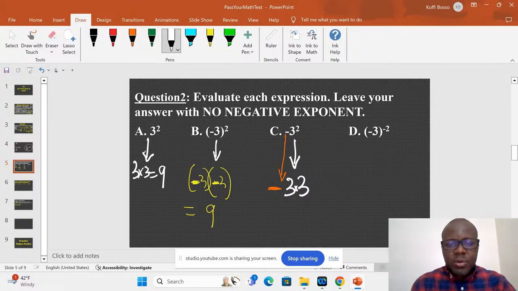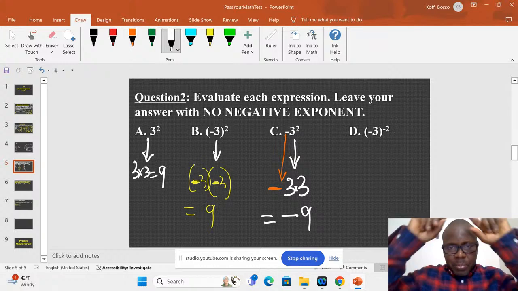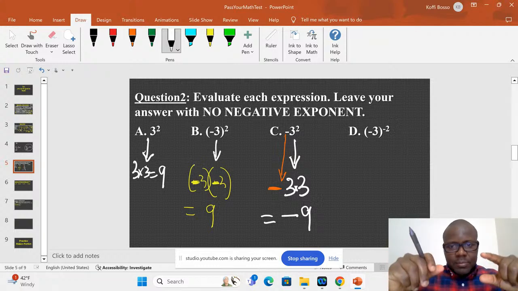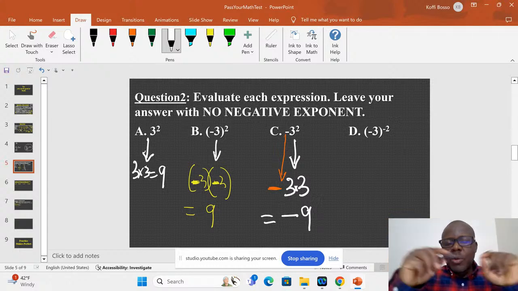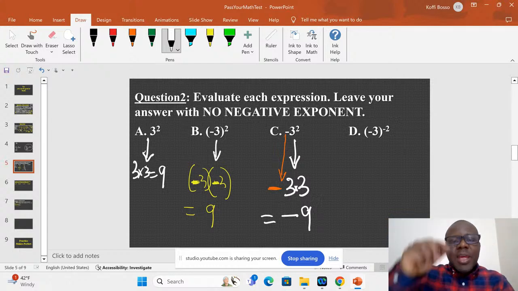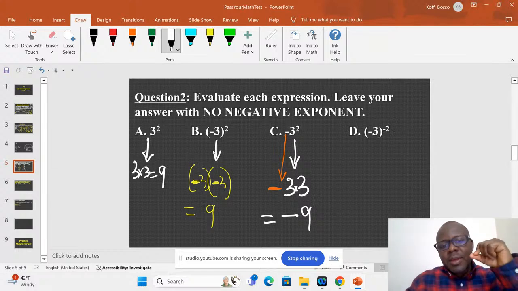So the answer will be negative 9. Very important: when you have the negative value in parentheses as a base, that's what you multiply by itself. When you have the negative value but it's not in parentheses, you take only the number without the negative and repeat that, but the negative affects the final answer.